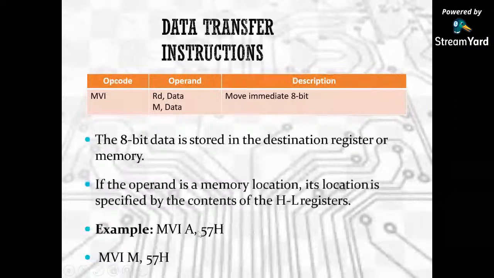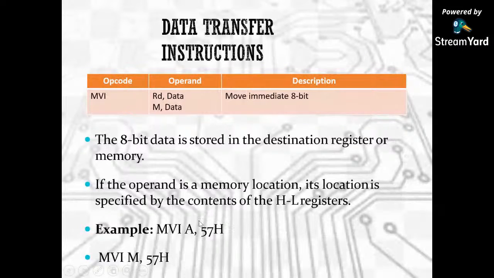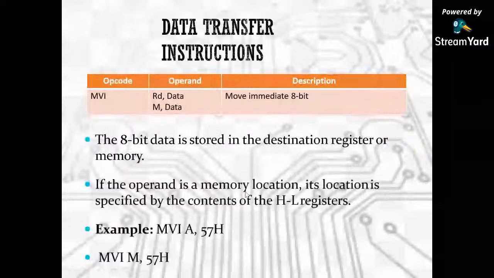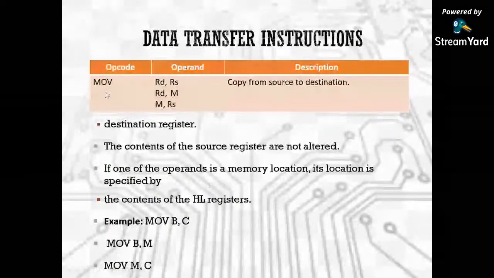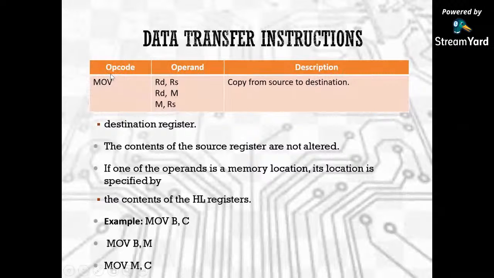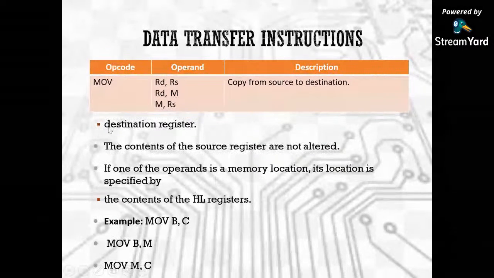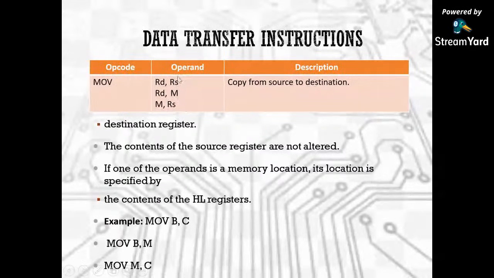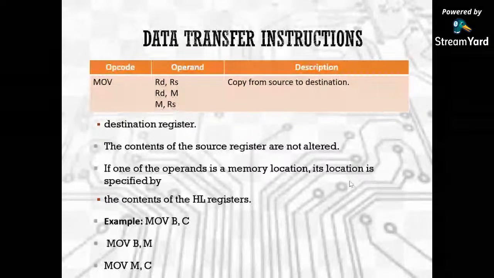Ini datanya, kemudian datanya akan ditransferkan menuju ke accumulator register. The difference from MOV is that in MOV the operand is the memory location, and the data is the content within the memory location.